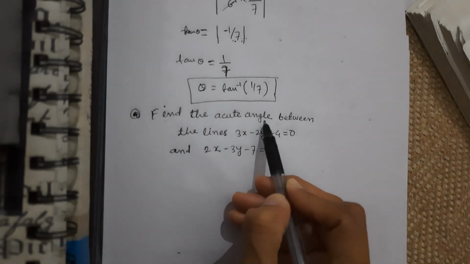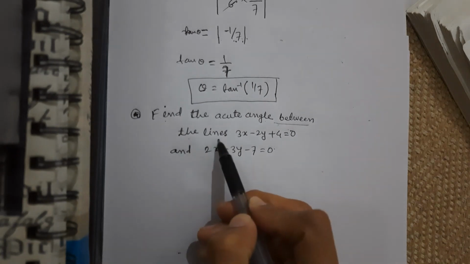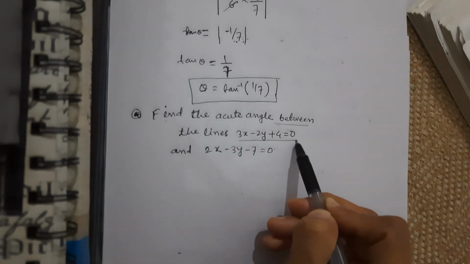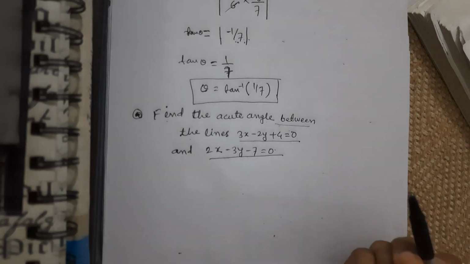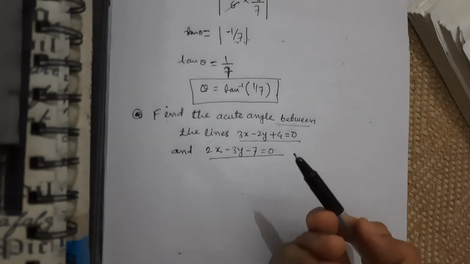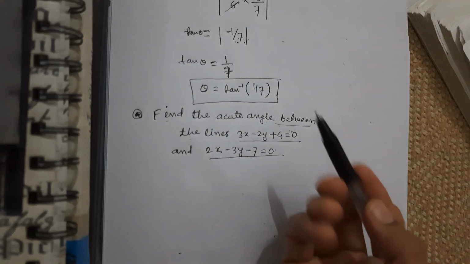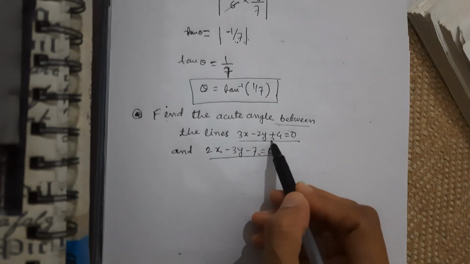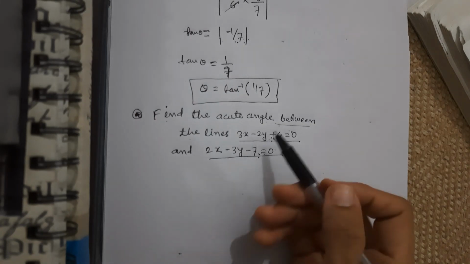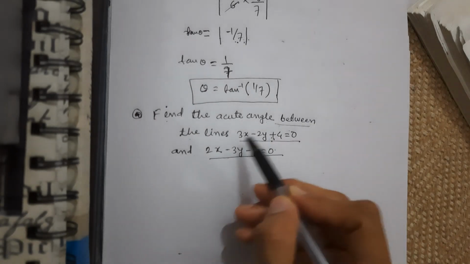Find the acute angle between the lines 3x minus 2y plus 4 equal to 0 and 2x minus 3y minus 7 equal to 0. This is the same type of example that we have solved previously, where the general form of two straight lines is given and it is asked to find the angle between them.